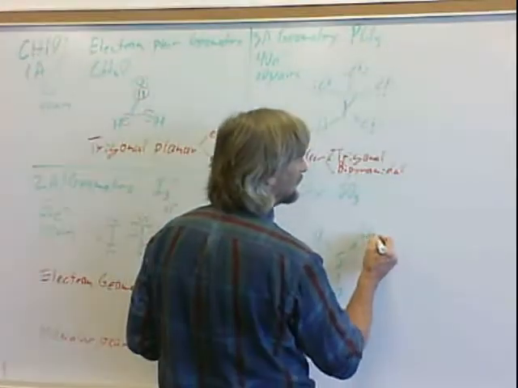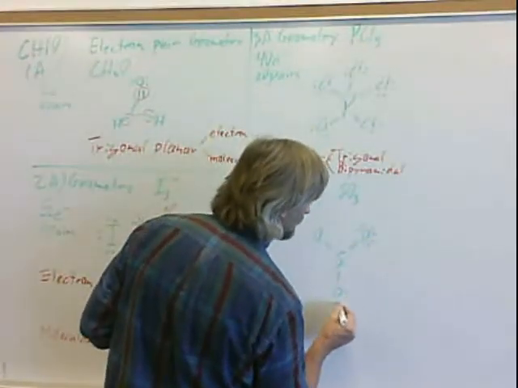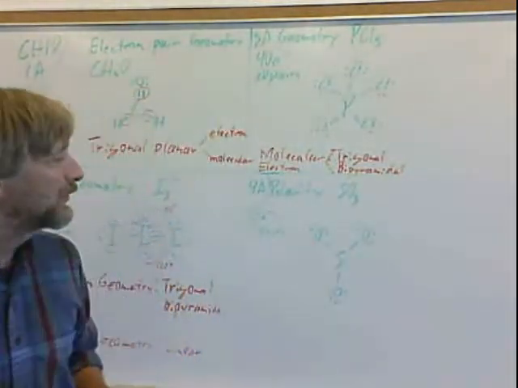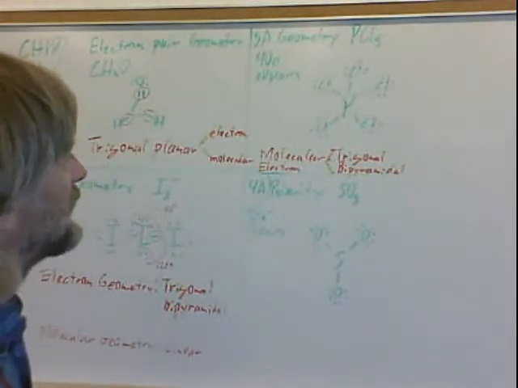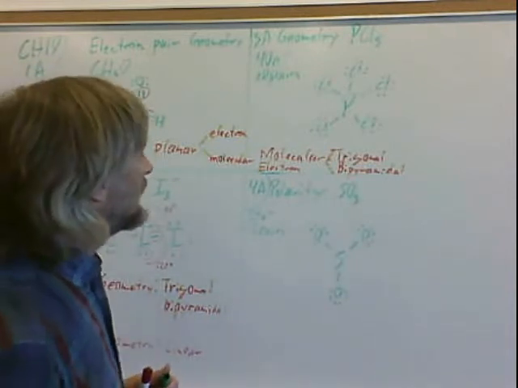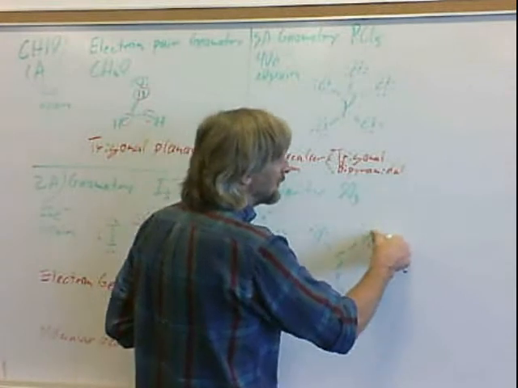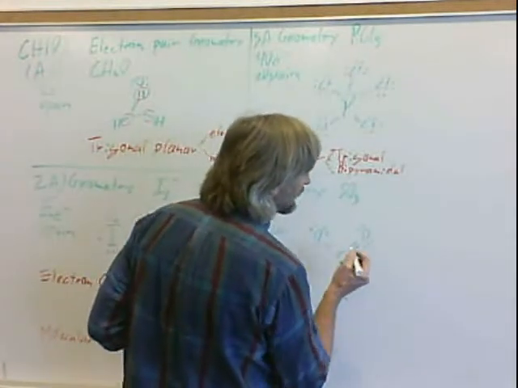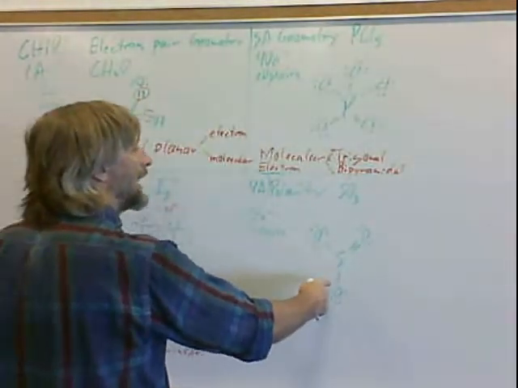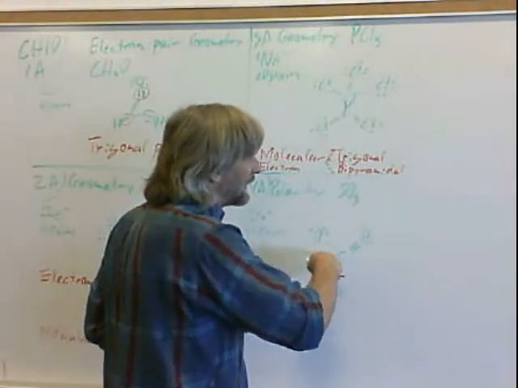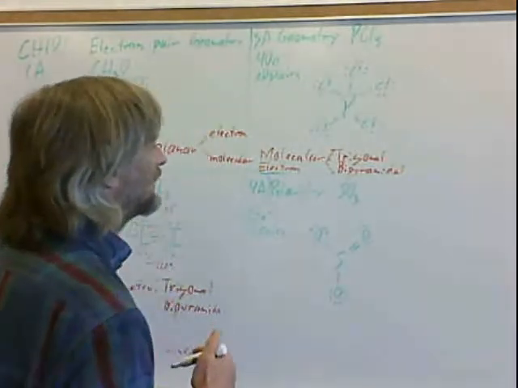So 1, 2, 3, 4, 5, 6, 7, 8, 9. So we've used up all our electrons. The oxygens have complete octets. The sulfur does not. So what we're going to do is steal a pair off the oxygen, slide it in, and form a double bond. Now we have our complete octets for sulfur and all the oxygens.